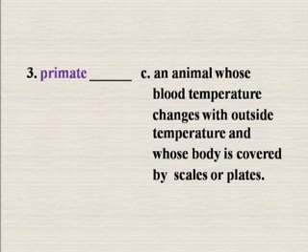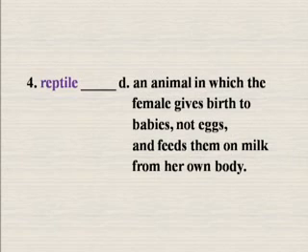C, an animal whose body temperature changes with outside temperature and whose body is covered by scales or plates. D, an animal in which the female gives birth to babies, not eggs, and feeds them on milk from her own body.